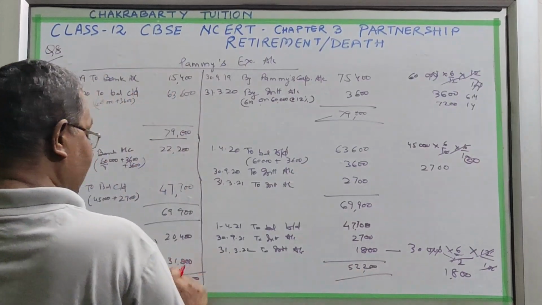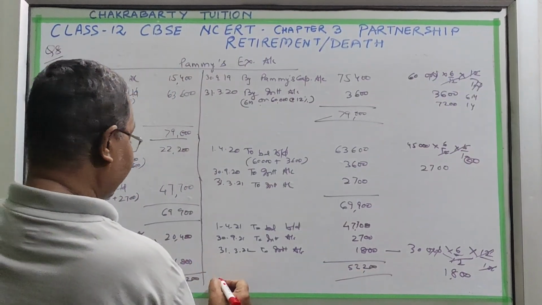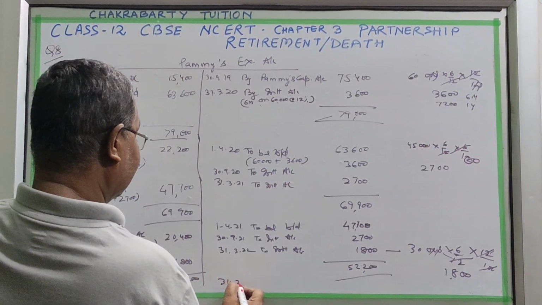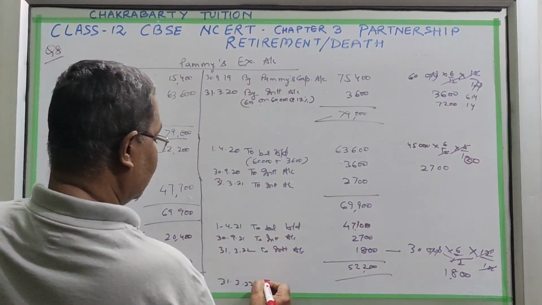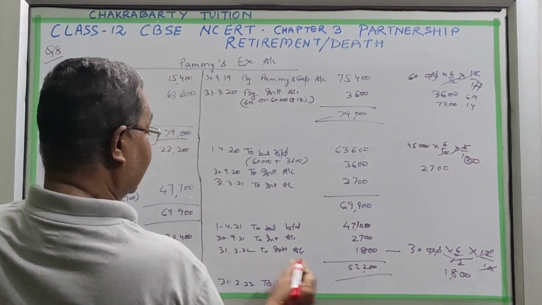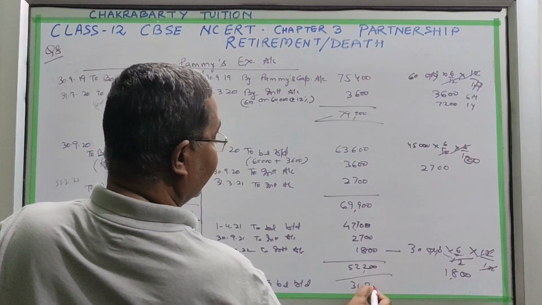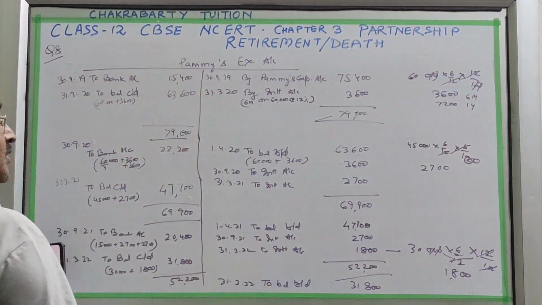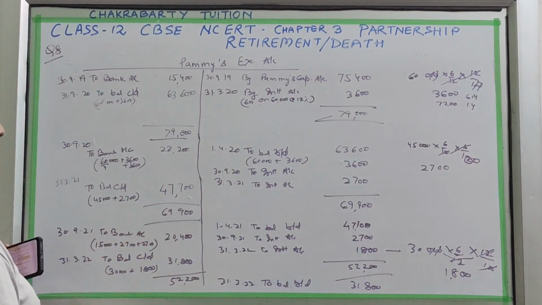Okay, so likewise you can make further entries also. On 31/3/22, again to balance brought down, how much? 31,800. And likewise you make another 2 years and it will be wiped off.